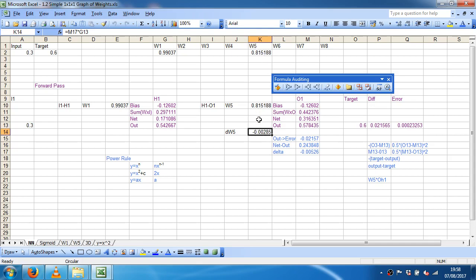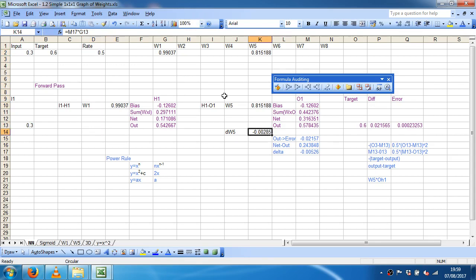By subtracting a negative, it makes it a positive, which makes the number go bigger, which is what we wanted. We've taken into account the direction of the gradient, and we've taken some proportion of the size of the gradient to make the step bigger or smaller. But rather than just do that, what we normally do is we set a rate function so that we can adjust how much of the gradient to take into account, or the size of the step. We can make the step larger or smaller relative to the gradient.